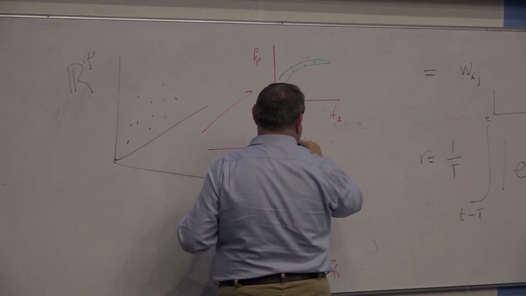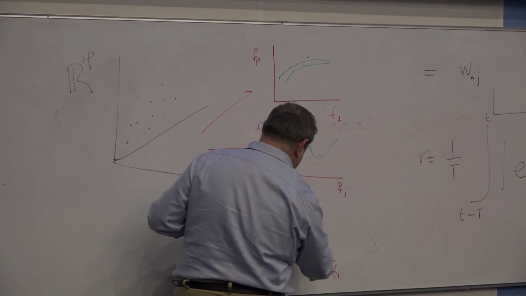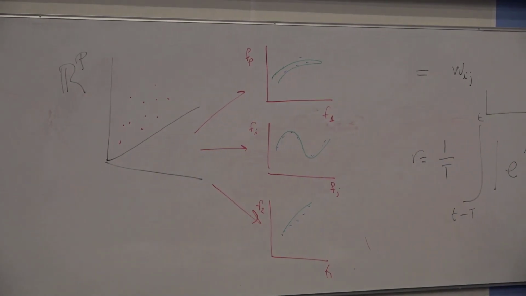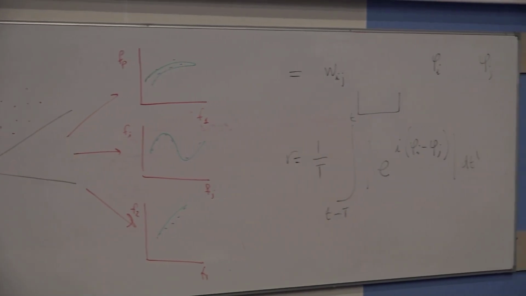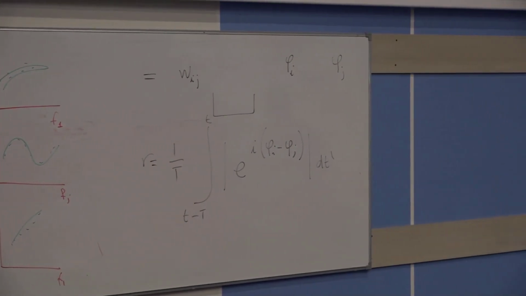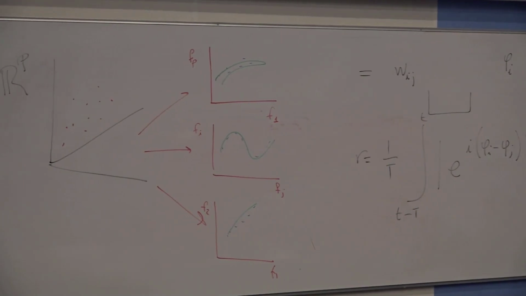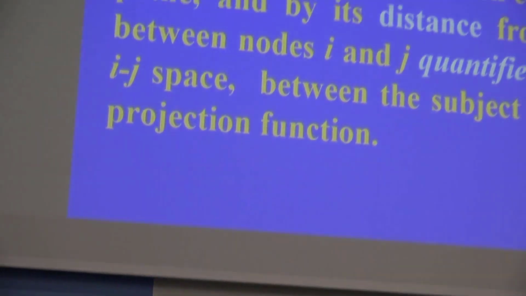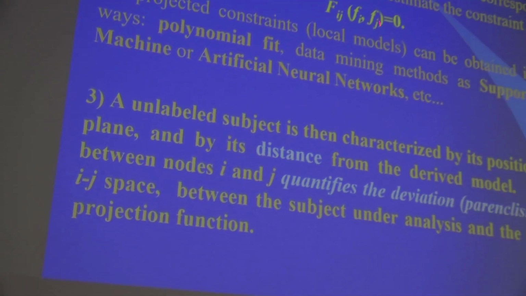This is the function in this plane, and this is the function in this other plane. So each plane has a specific constraint. Notice that this is not a function, it's a constraint. This does not mean that fp is a function of f1, but that a given function of fp and f1 is equal to 0. Okay? So it's a constraint.